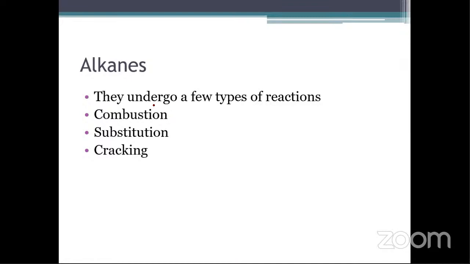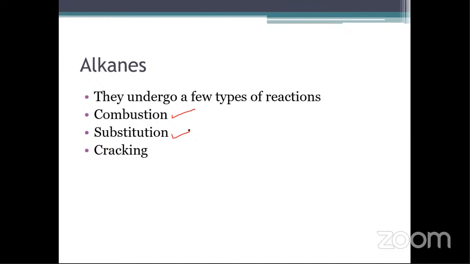Now, remember we spoke about the types of reaction. So you now know that alkanes can go through 3 types of reactions. Combustion. What does combustion mean? You are burning it in oxygen, right? Substitution. What does substitution mean?